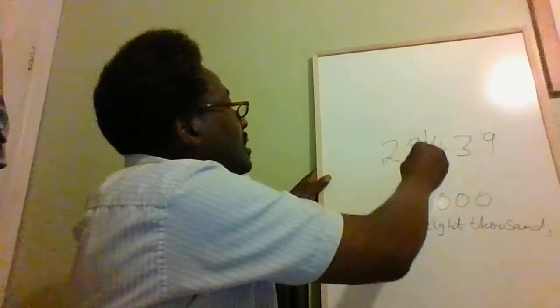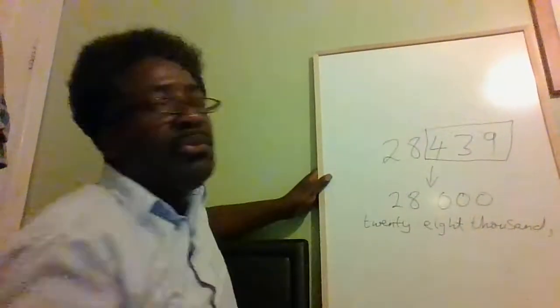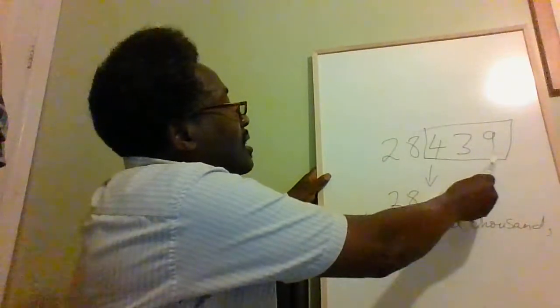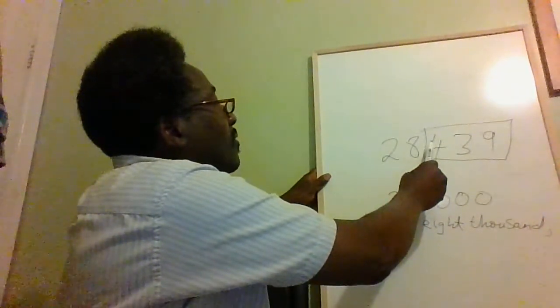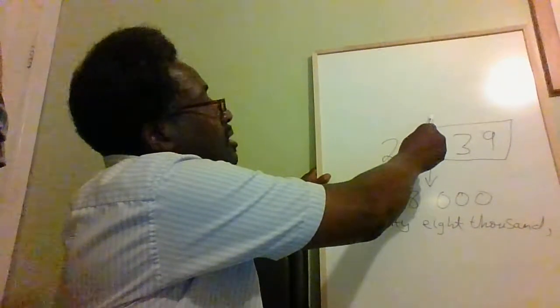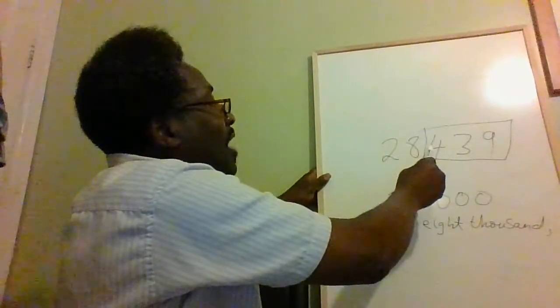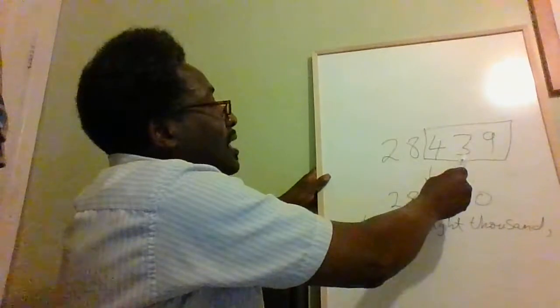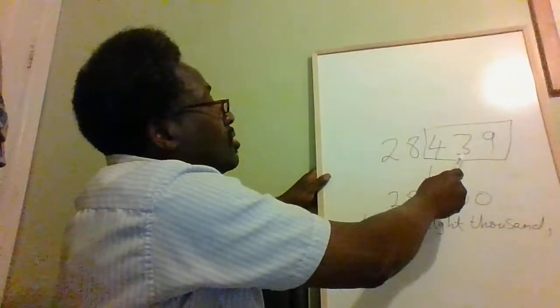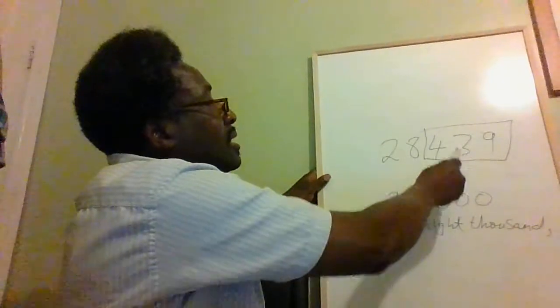Then you now say this number here in words. This clearly is 439. This digit of 4 is in the hundreds place value. So the value of this 4 is 400. This 3 is in the tens place value. So the value of this digit 3 is 30.